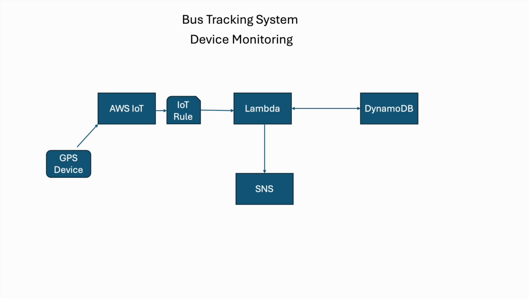Once the rule is triggered, we are going to have a Lambda which will get triggered by the IoT rule, and the Lambda will query the DynamoDB to get the required details and also to put the items they required in the DynamoDB table. And finally, once we do the processing, we are going to publish our result to the SNS topic.